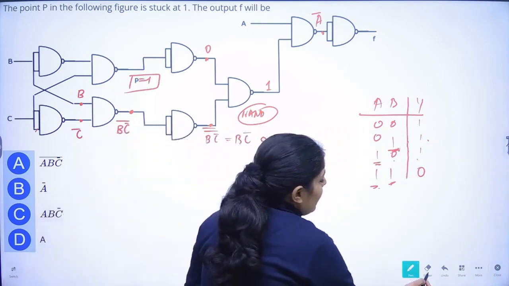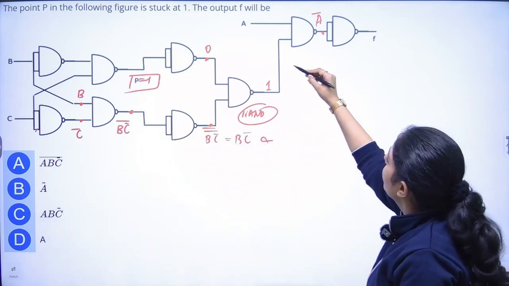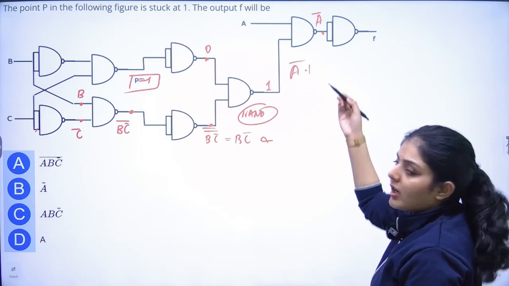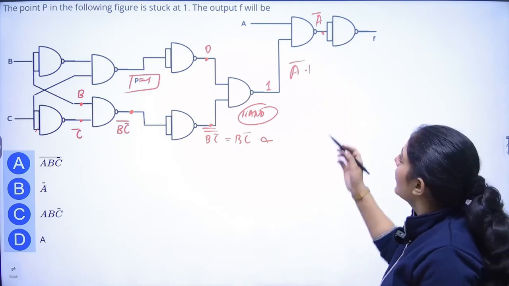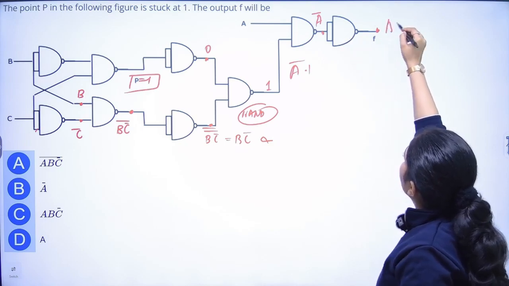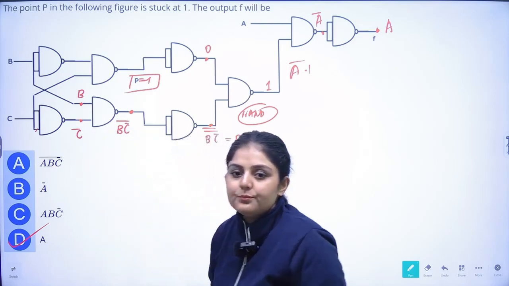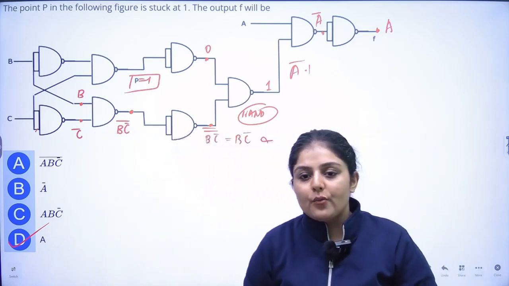Or you can easily see from here that it will be A into 1 bar, which is just A bar. And finally the output is nothing but not A. So that will be your final answer.